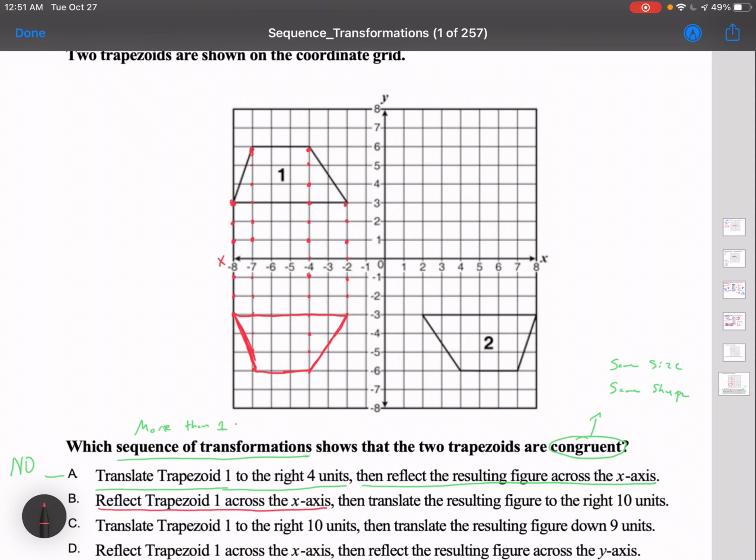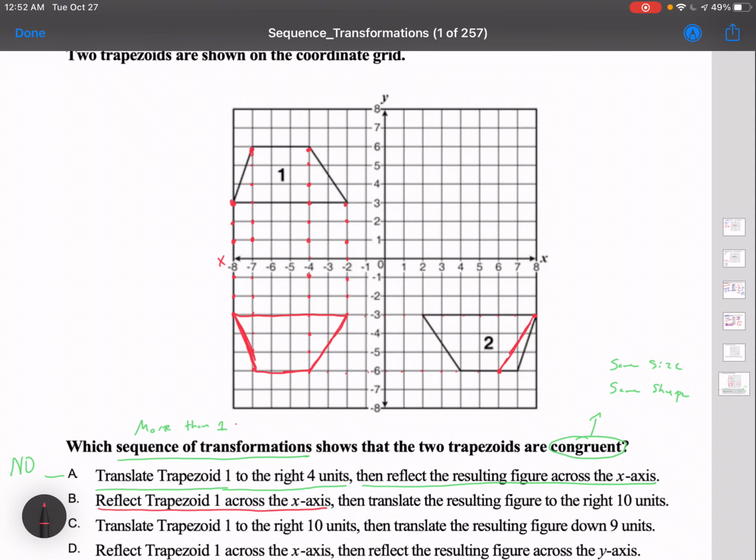Then translate the resulting figure to the right 10 units. So I need to take this entire shape to the right 10 units. 1, 2, 3, 4, 5, 6, 7, 8, 9, 10. Same thing here, 1 through 10.